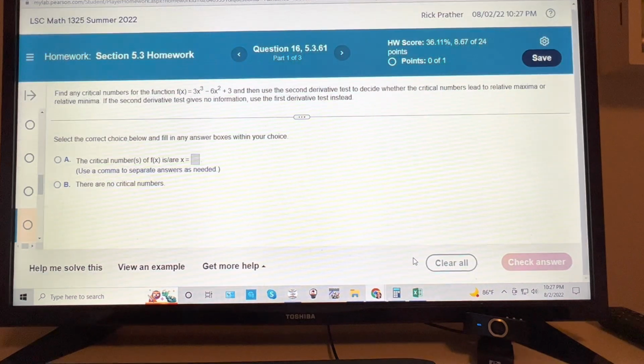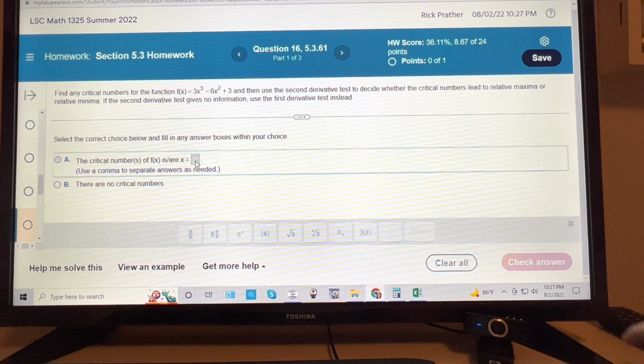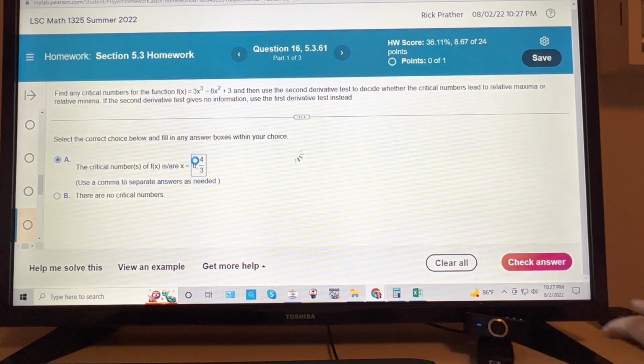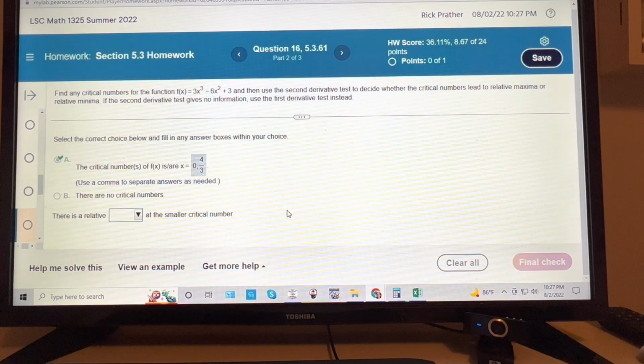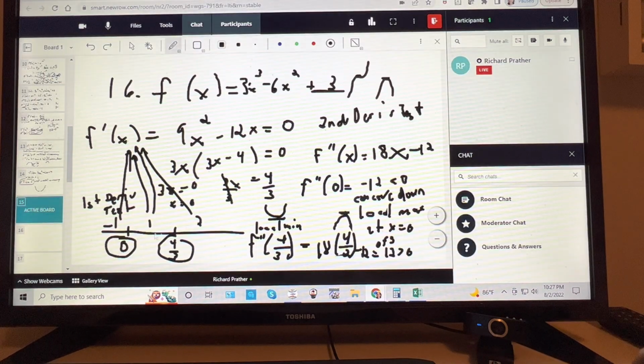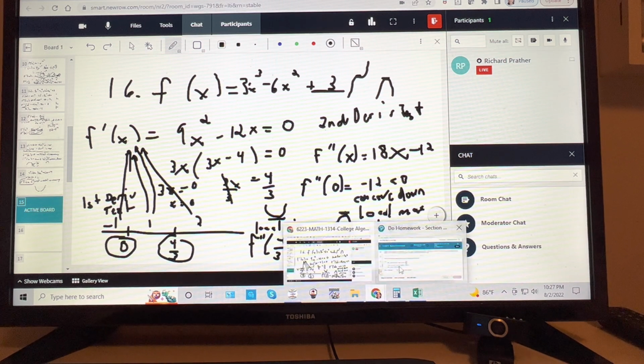So let's see what they want for answers here. There's 2 critical numbers of the original function that came from when the derivative was 0. 0 and 4/3 were the 2 critical numbers. At the smaller number 0, I could have done the first derivative test to check for this, but the second derivative test told me because it was concave down there, there's a local maximum there.